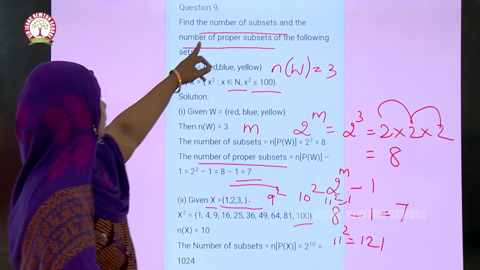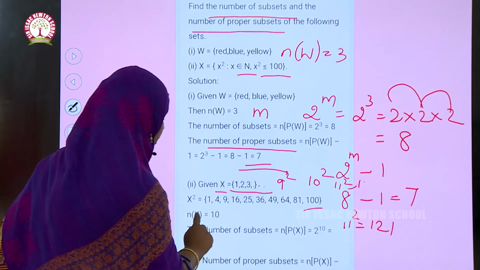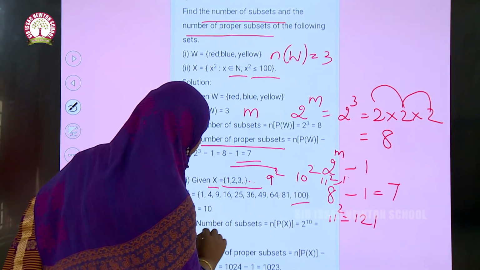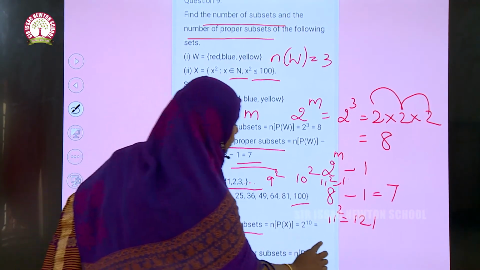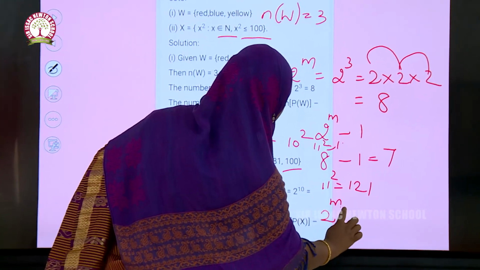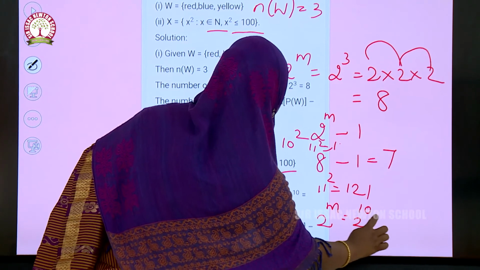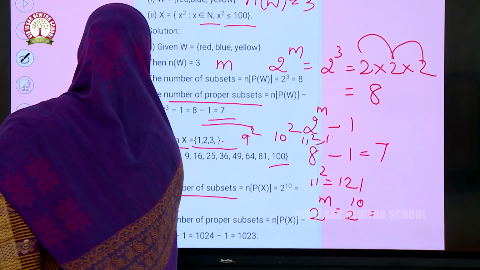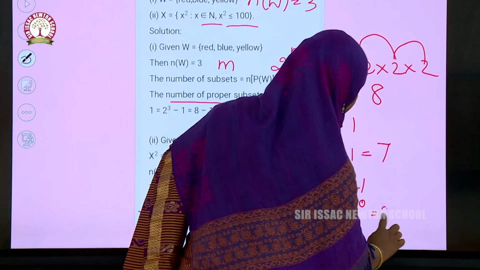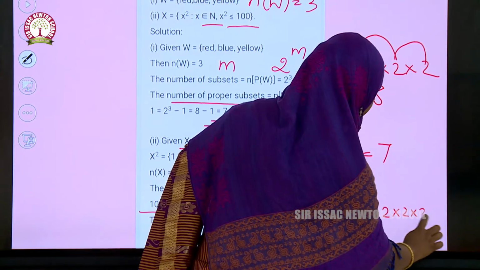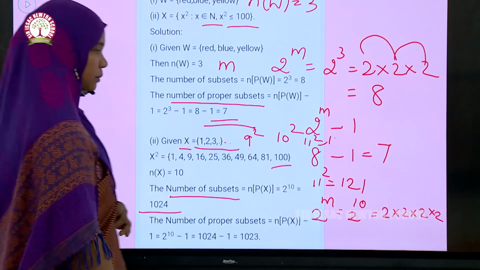Now how do we find the number of subsets? If n of X is equal to m, then the number of subsets is 2 power m, is it not? So what is 2 power 10? It is 1024. How do we find 2 power n? Multiply 2 ten times.